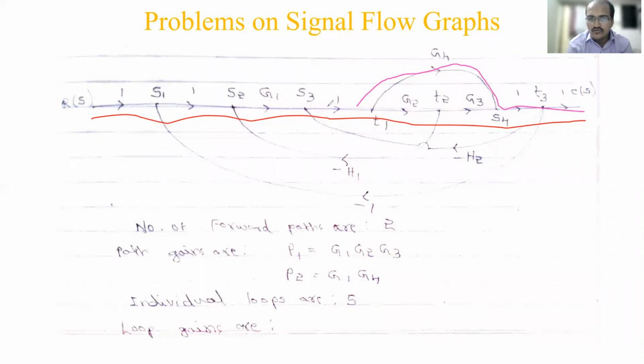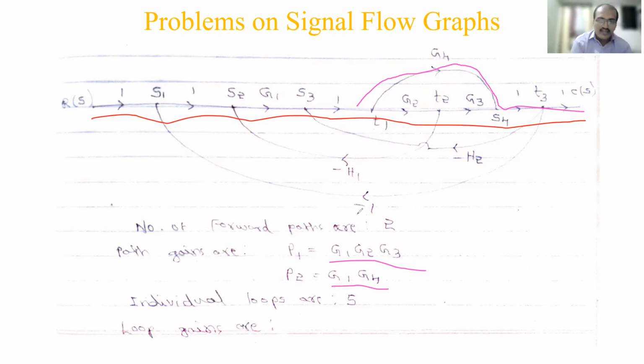So these are the 2 paths, and their values are written here. In the first path we have 1, 1, G1, G2, G3, 1, 1. So G1, G2, G3 is the P1 path gain. Then the second path has 1, 1, G1, then G4, 1, 1. That means G1 into G4. So P1 and P2 are nothing but this. Then loops.